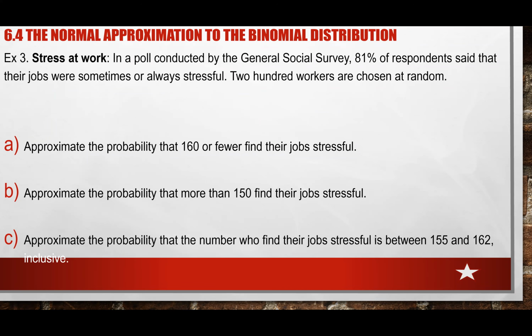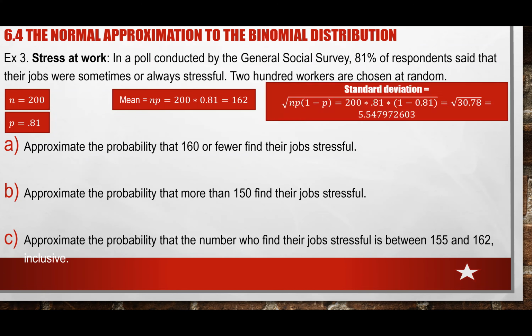And again, if you see the approximation, you have to know the mean, which is N times P, and the standard deviation is this right here. To relate this back to a previous problem, we see that 160 or fewer means we include the 160, and we're looking for X less than or equal to 160, right? 160 or fewer.